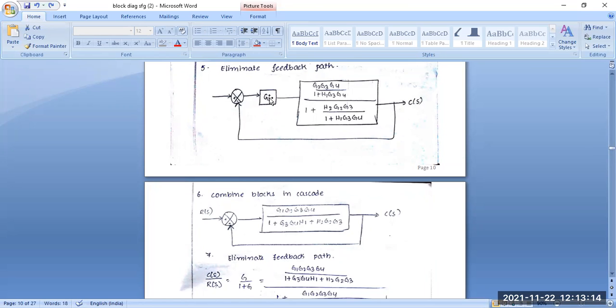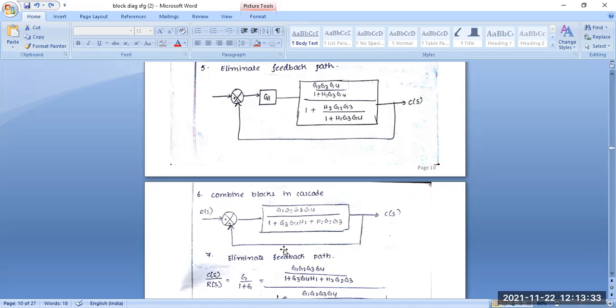After combining these blocks, that means G1 with these blocks also, now we have to apply the unity feedback loop. Next step, step 7, eliminate the feedback path. This is the feedback path we have to learn, because here you can see this is a unity feedback.